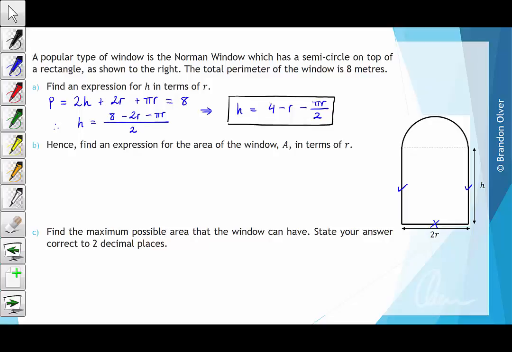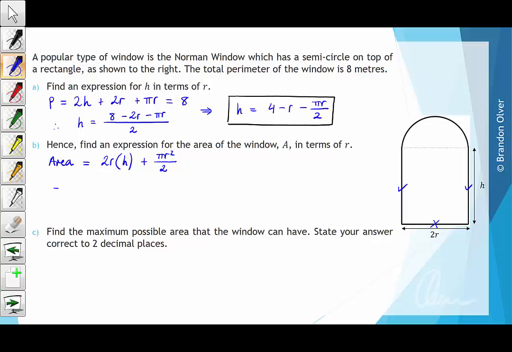For part B, we want to find an expression for the area of the window A in terms of r. So our area is going to be equal to the area of the rectangle, which is 2r multiplied by h, and then we want to add on pi r squared, which is the area of a circle, and we divide that by 2 to get the area of the semicircle.